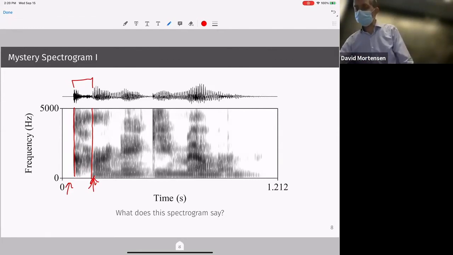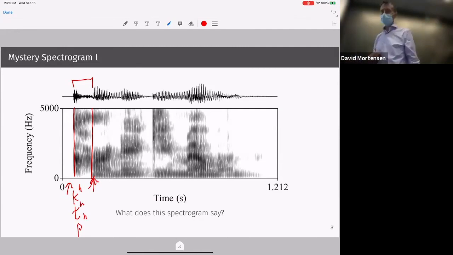But this has got to be either aspirated K, aspirated T, or aspirated P. So what comes next?